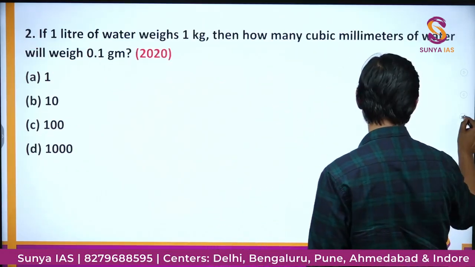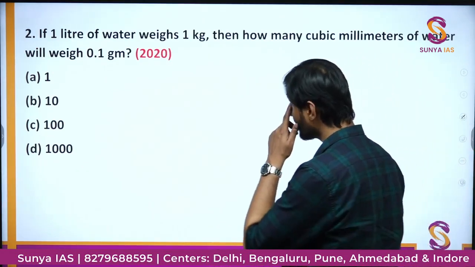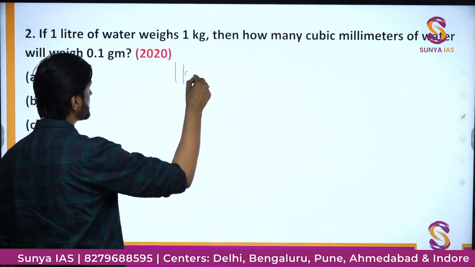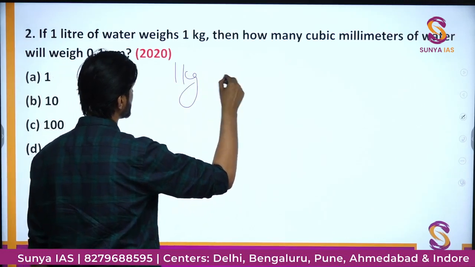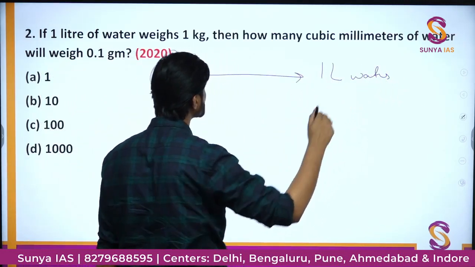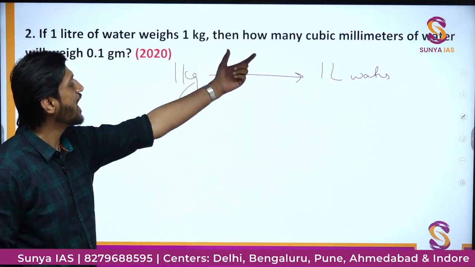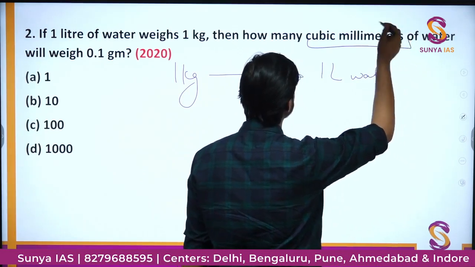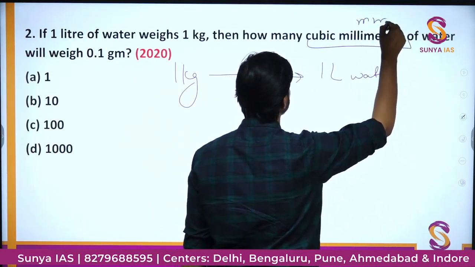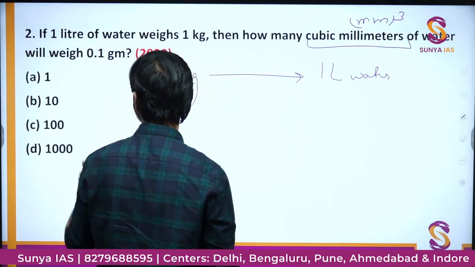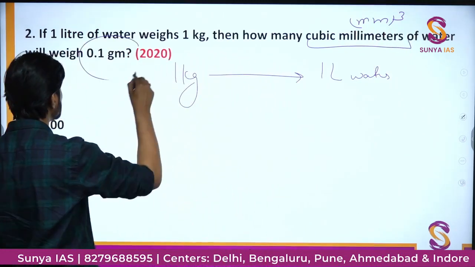Now the next question says that 1 liter of water weighs 1 kg. Then how many cubic millimeters, that is, mm cube, of water will weigh this much amount?